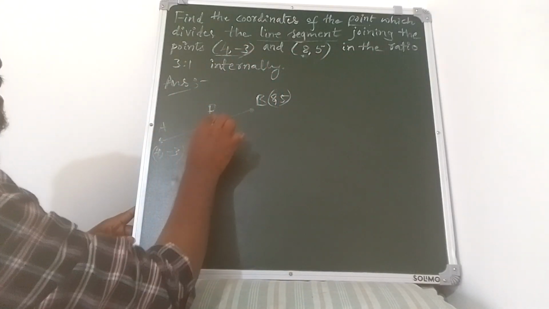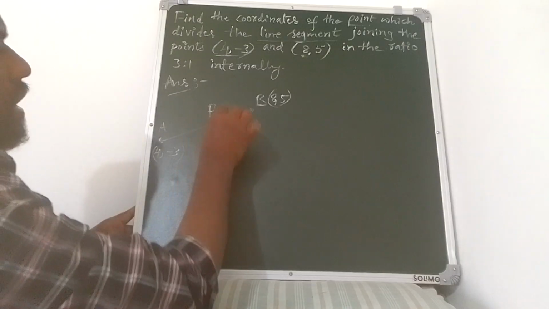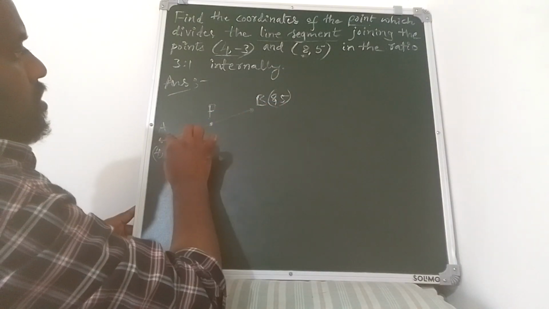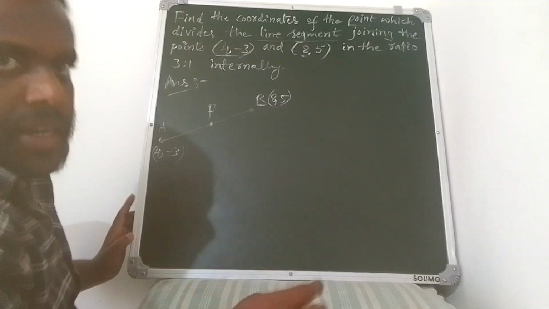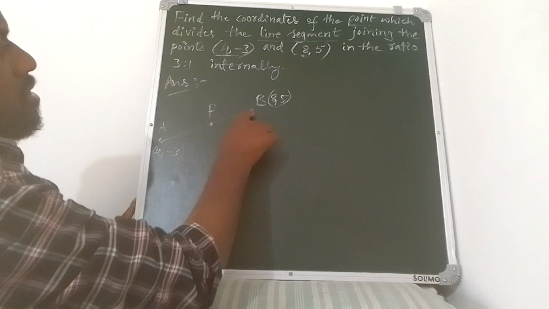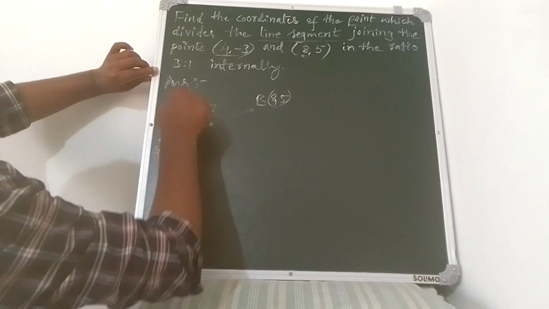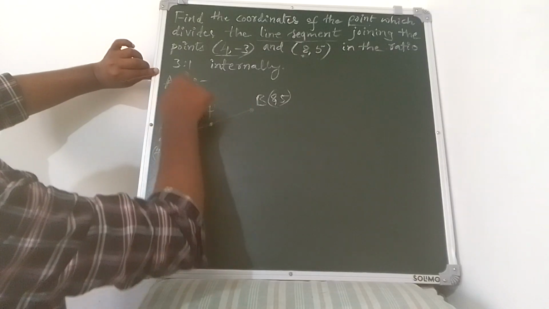When the point lies on the line segment, we say it is dividing the line internally.